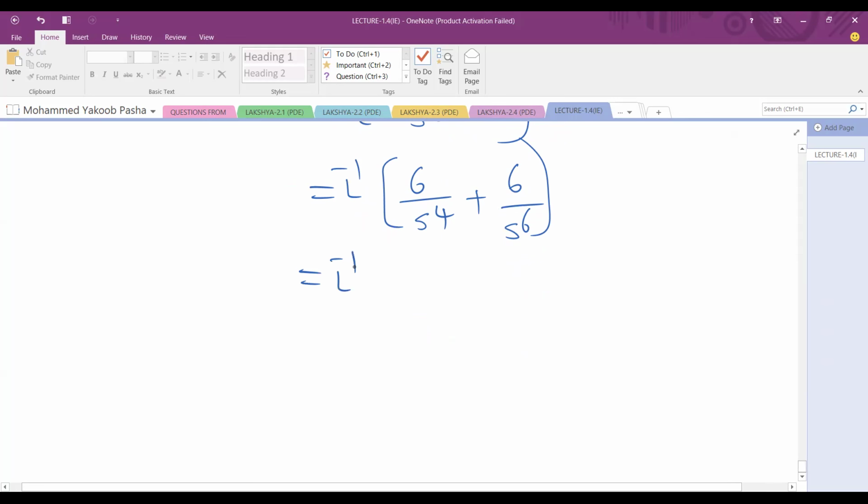L inverse of 6 can be written as 3 factorial by s power 4 plus... First tell me, L inverse of 3 factorial by s power 4 becomes what? x cube. That's very good. Now tell me how the next term should be.